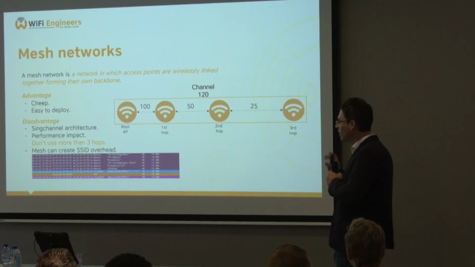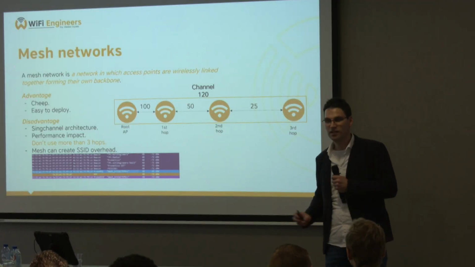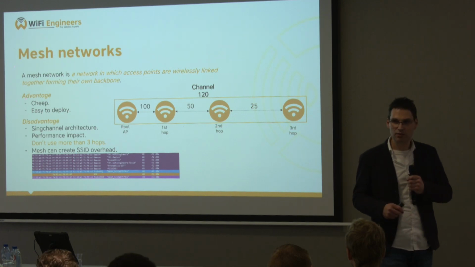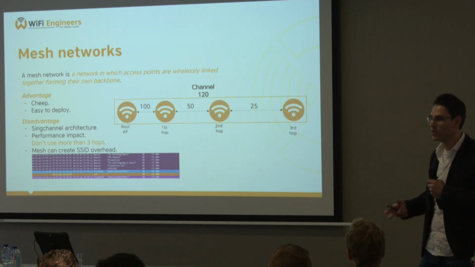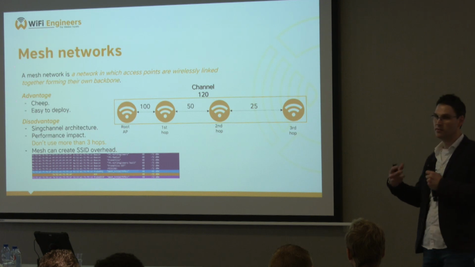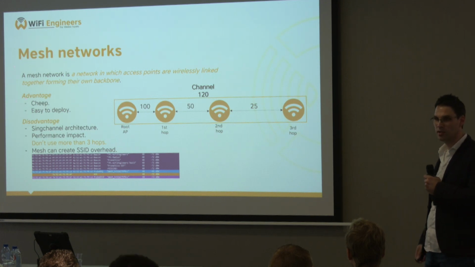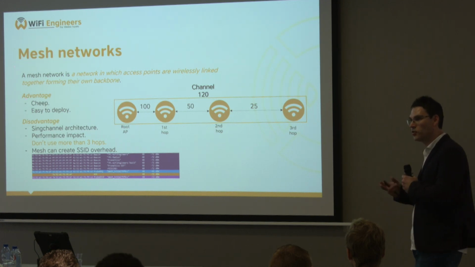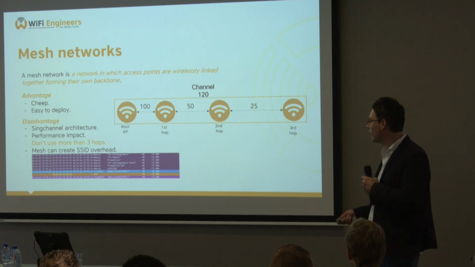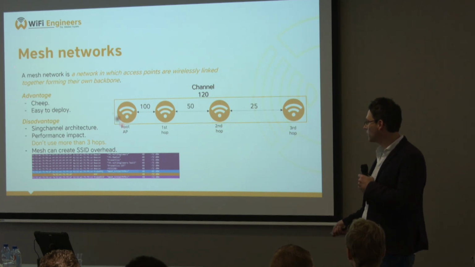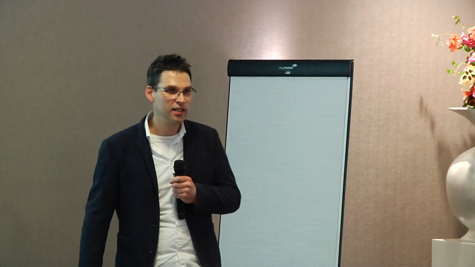Mesh can also cause SSID overhead. A lot of these solutions have the ability to join an AP wirelessly without having them first connected to the network. So what they do, they create a hidden SSID, and once a device starts to join, you might see suddenly a network name pop up, in this case, the mesh name.